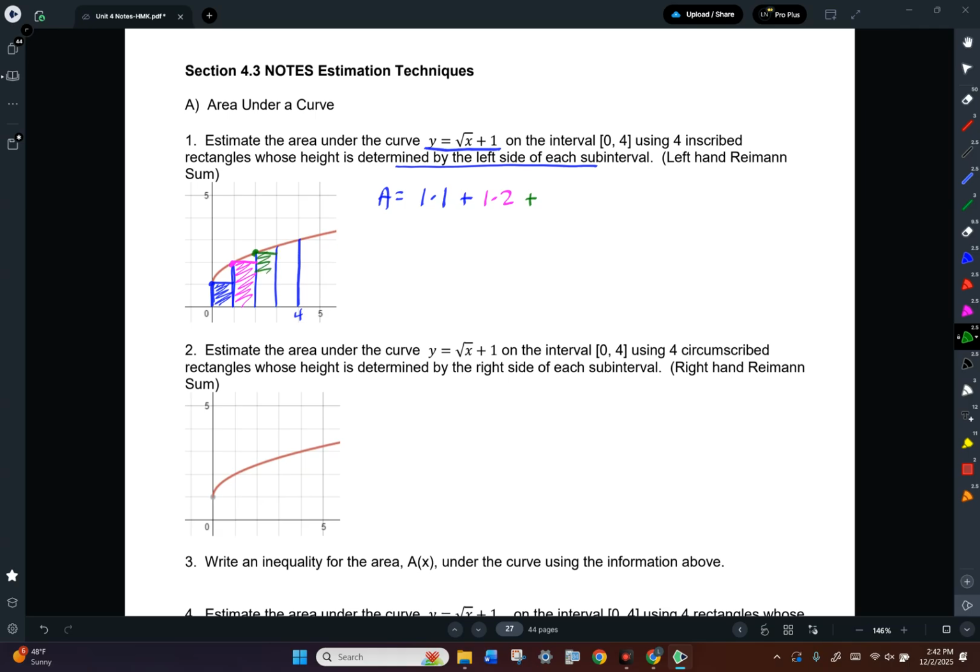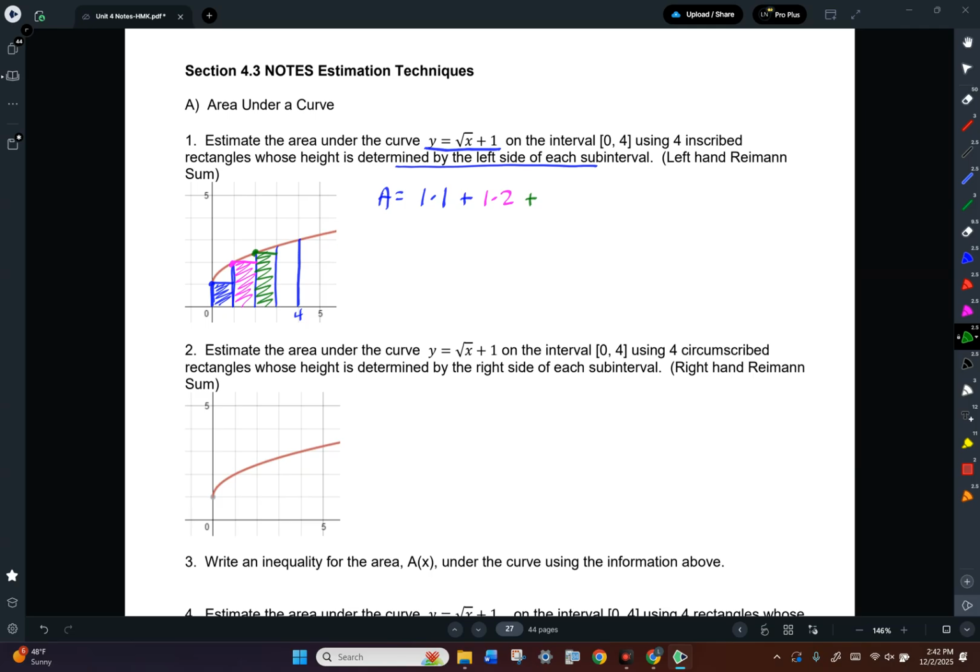And so this is the rectangle I'm trying to find. I don't want to just estimate that height. I want to know the exact height because I'm trying to get this area, even though overall it's an estimate, but I want each individual rectangle to be exact, even though all the rectangles together are not the exact area of the whole region that we're looking for.